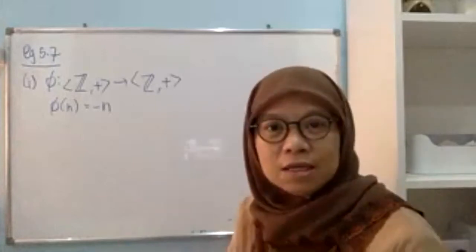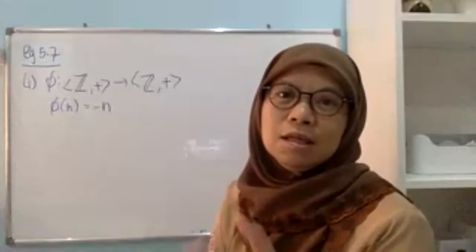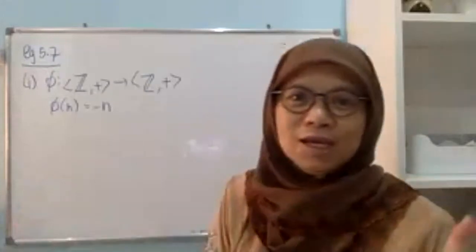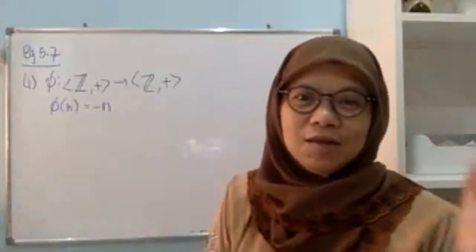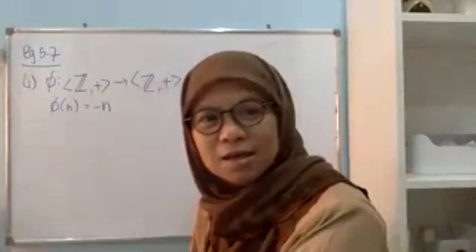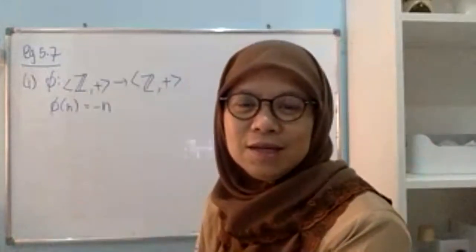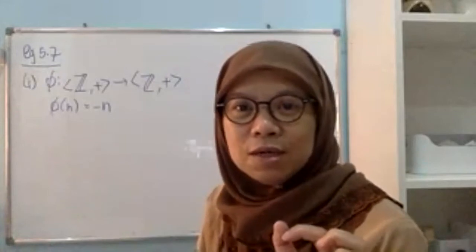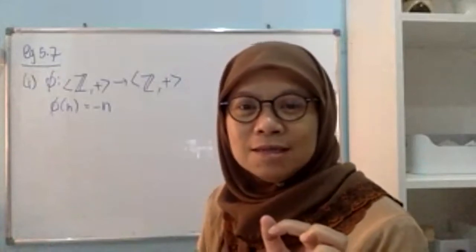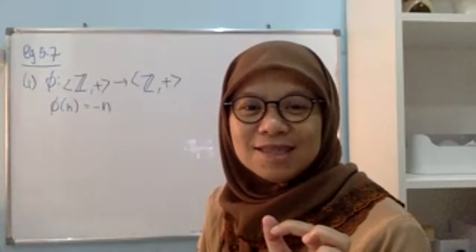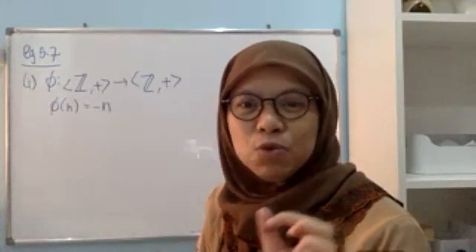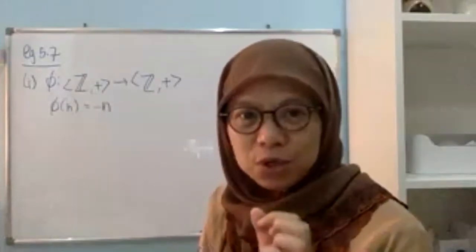Phi of n is negative n means the positive one you map to the negative one, and the negative one you map to the positive one, right? What about 0? 0 is mapped to 0 because negative 0 is 0.